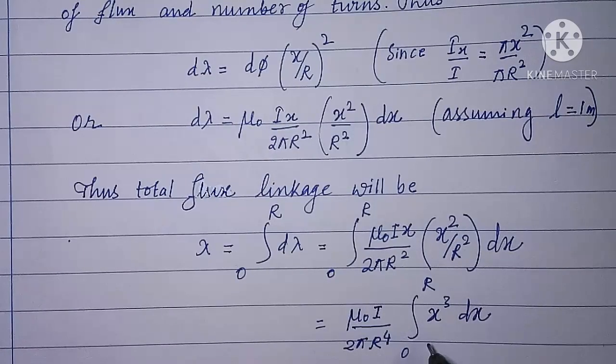If we substitute for limits, then we get r⁴ upon 4. r⁴ and r⁴ will cancel, giving us μ0 I by 2π r⁴ into 4, which will be finally μ0 I by 8π.